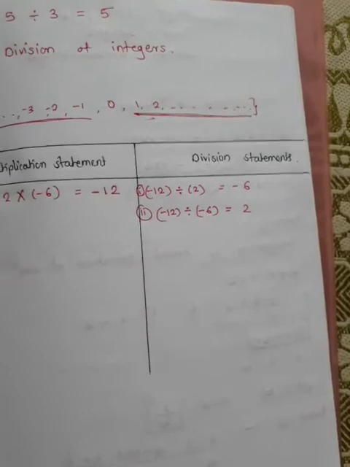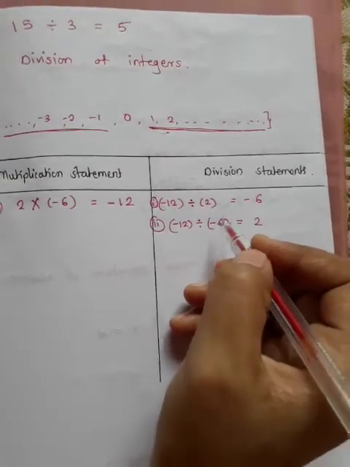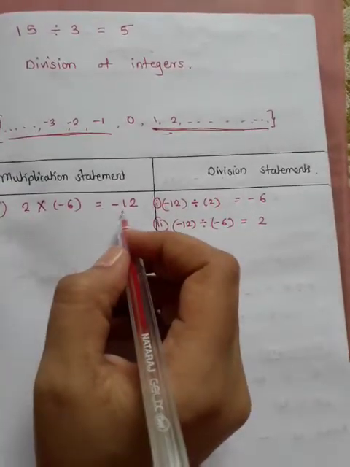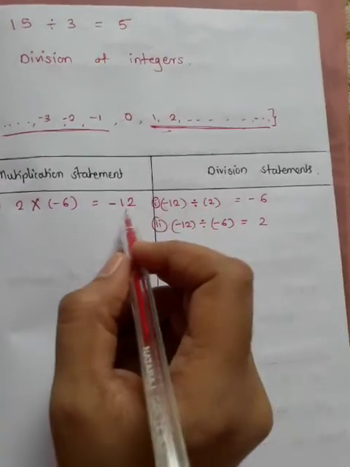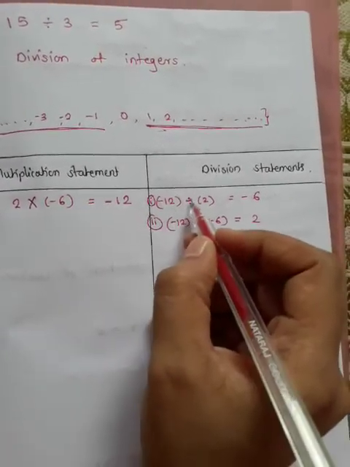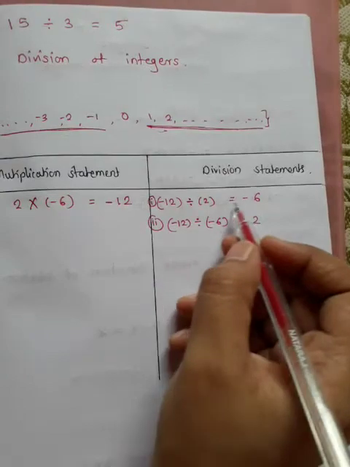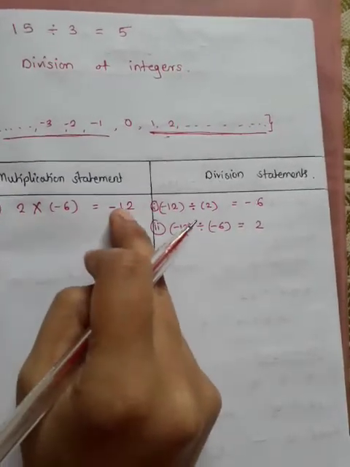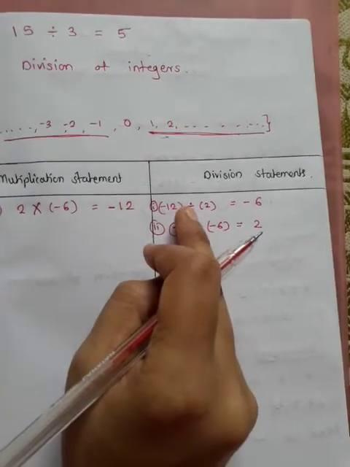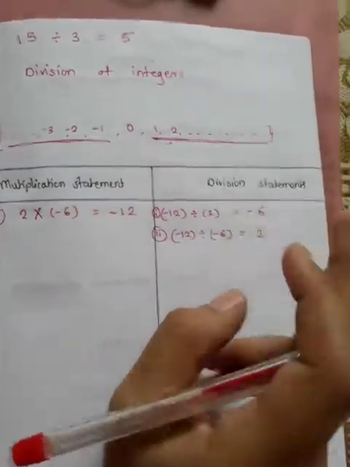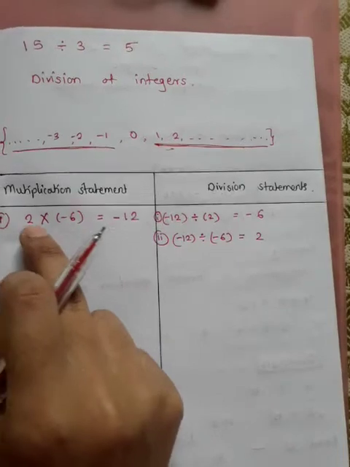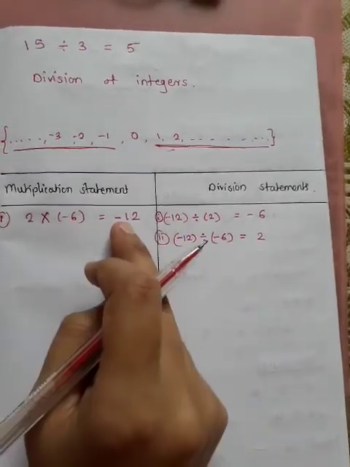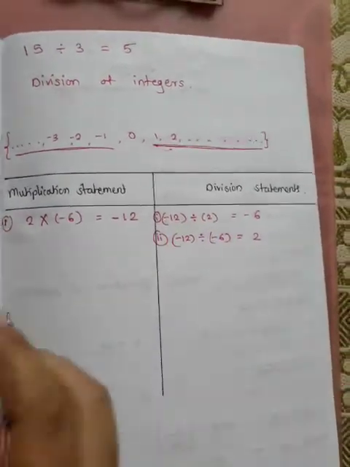So 2 into minus 6 is equal to minus 12 implies minus 12 divided by 2 is equal to minus 6, meaning when 2 goes outside, it gets divided, and what remains is minus 6. So from one multiplication statement, we get two division statements.